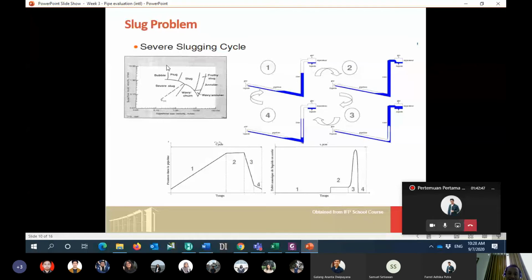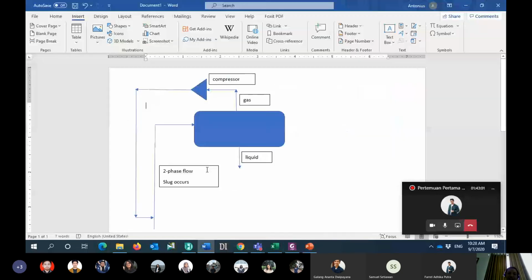So it means you move from the slug region to the annular region by increasing the gas. How to increase the gas? The way that I explained to you is the gas lift method.